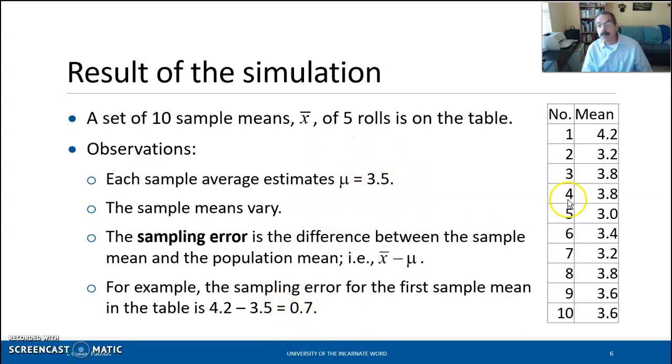For example, the sampling error of the first average, this 4.2, will be 4.2 minus 3.5, that's 0.7. So the sampling error is just the difference between the observed average from the sample and the population mean.